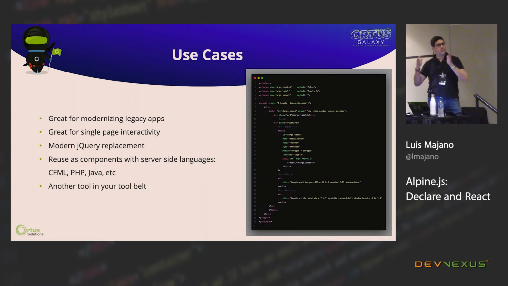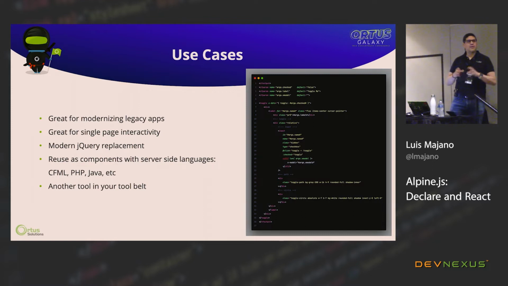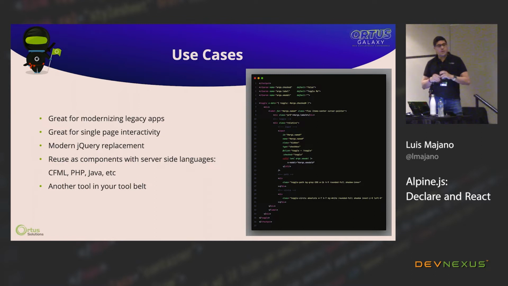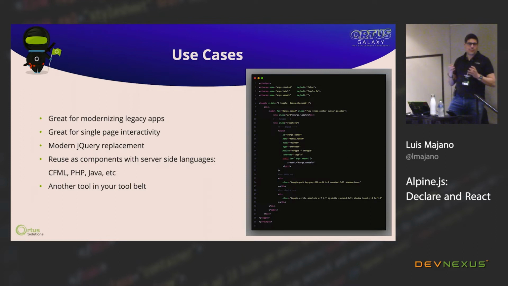So if you're looking into that build process, into the full SPA approach or building components, then stay with that. But this is mostly if you're focusing on single page interactivity, and you want to take a legacy application and spice it up, you can do it really nicely and really quickly with Alpine. It definitely feels like a modern jQuery replacement.